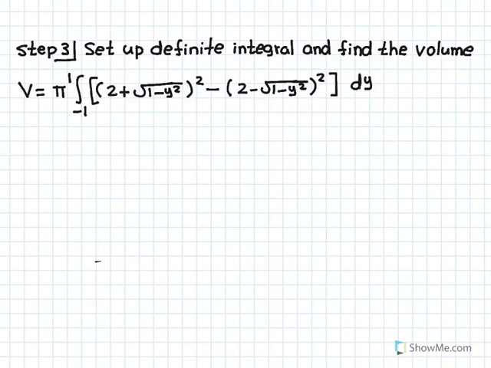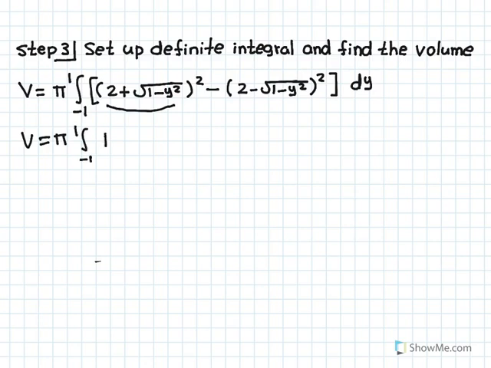But before solving it, we really need to simplify the integrand as much as possible so that we can do the integration fairly easily. So we're going to just FOIL this out. This is like (a plus b) squared, which is a squared plus 2ab plus b squared. So volume is equal to pi integral from negative 1 to 1.